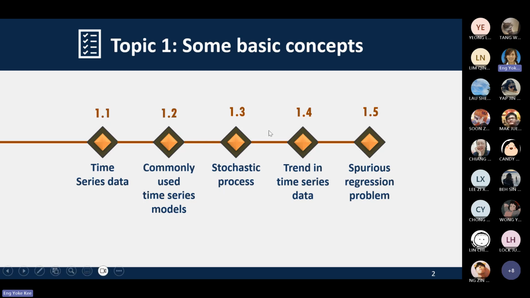Because of these unique features, when you try to visualize time series data, they show us a very clear trend pattern, and then we try to look at what this is all about. Lastly, I want to draw your attention to one of the most significant or most common problems encountered when you try to use regression on time series data.